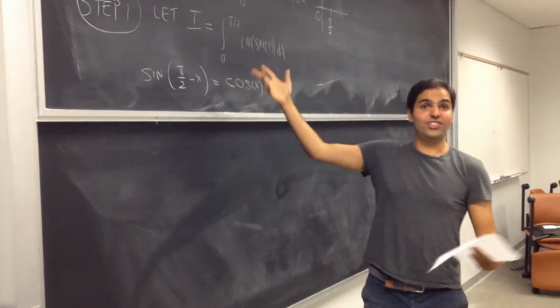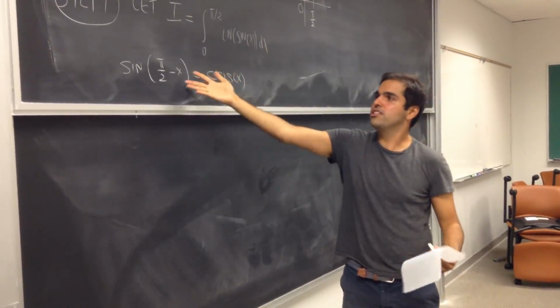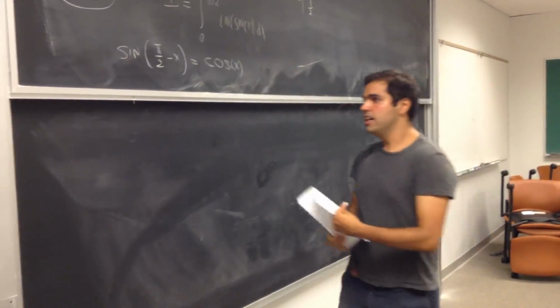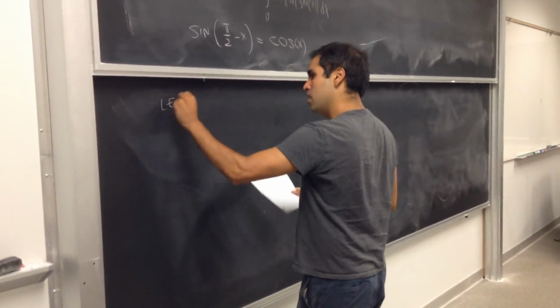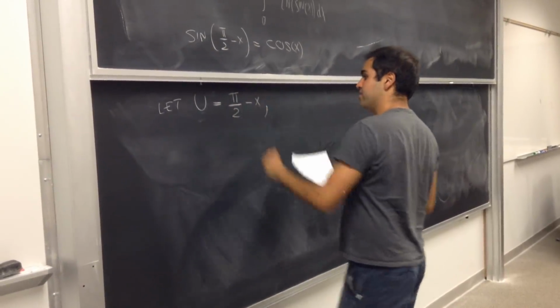Based on this clever observation, it might be useful to use a substitution like this. So let u be pi over 2 minus x.